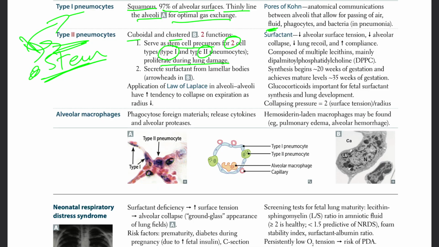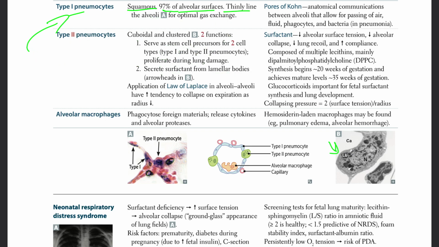Second thing, very high yield, they secrete surfactant from lamellar bodies. Arrowhead in B, look at the lamellar bodies right here. One of the things you will see in the questions is that they say you have a low lamellar body count.